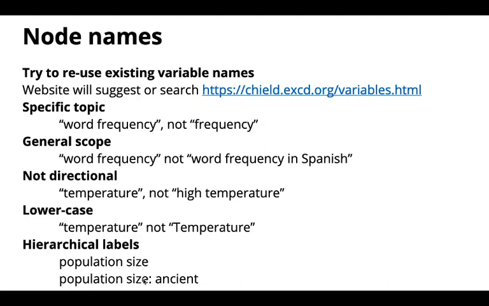You can specify that by putting a little colon and then specifying the type of thing. CHIELD knows that this means that these two bits have some sort of hierarchical relationship, and you can do things like visualize a graph with these things as separate, or collapse them all into a single node of just population size, and sometimes that's useful.